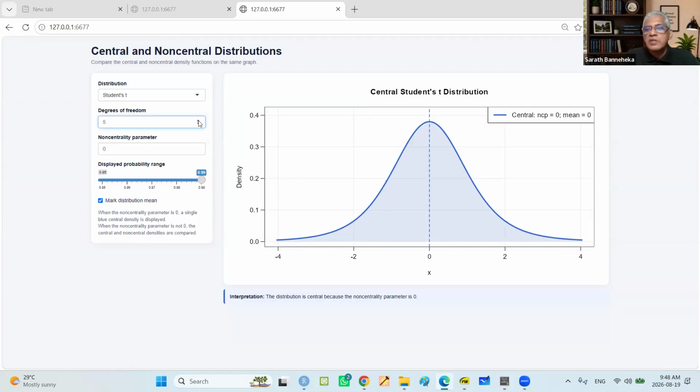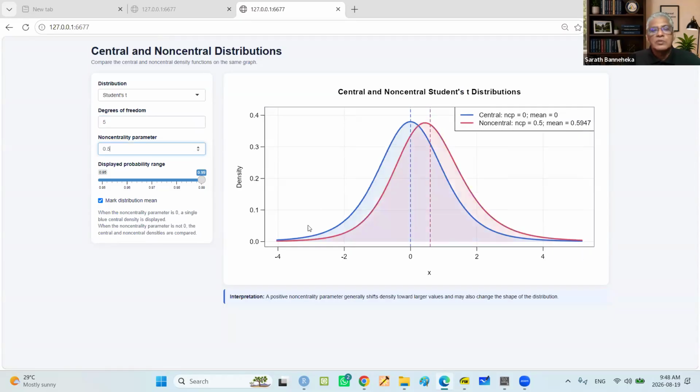So this is the central T, or the non-central T with non-central parameter equal to 0. Now let me increase the non-central parameter delta. In that case, you will see another curve that shows the non-central T distribution with 5 degrees of freedom and the given delta value.